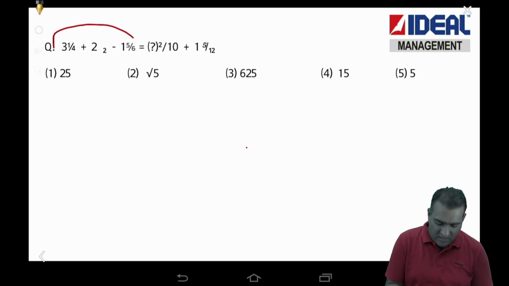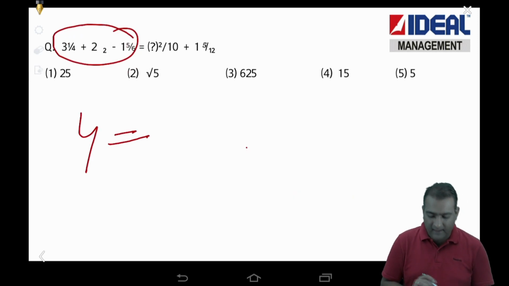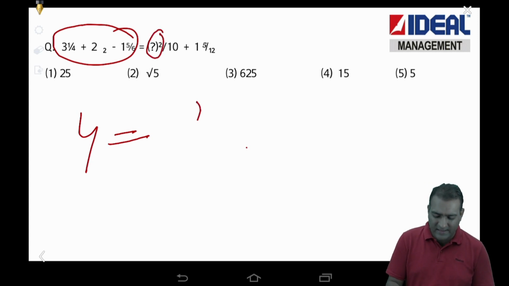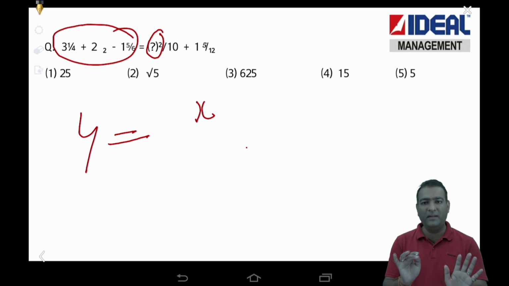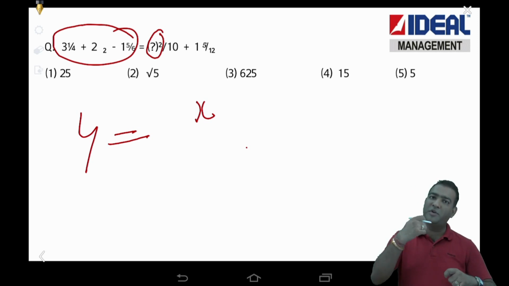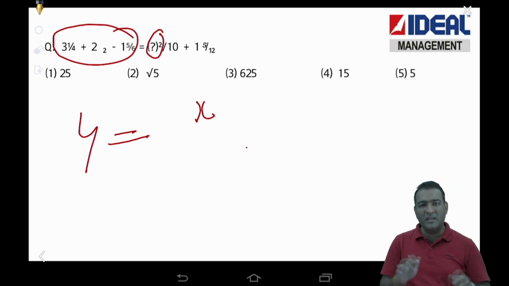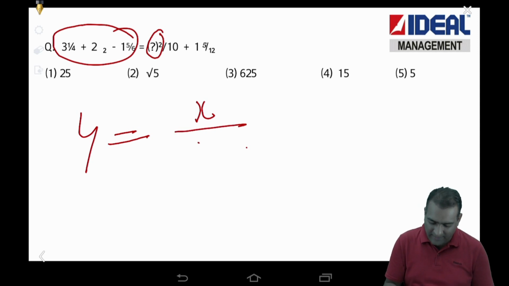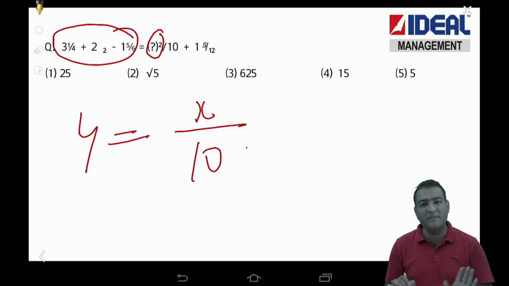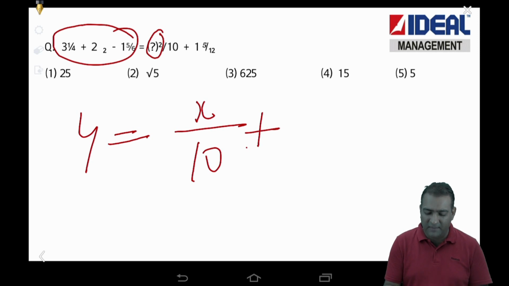So let's do this now. So this gives me 4. अभी भी खत्म नहीं हुआ है, this is sum square. So let's take that whole square thing as x, right? See, remember, kabhi bhi wo square hoga, square root hoga and all those things, don't do that. Take this whole thing as x by 10. Likhne ki zarurat nahi hai, main sirf abhi likh raha hu, plus 1 by 5 by 12.